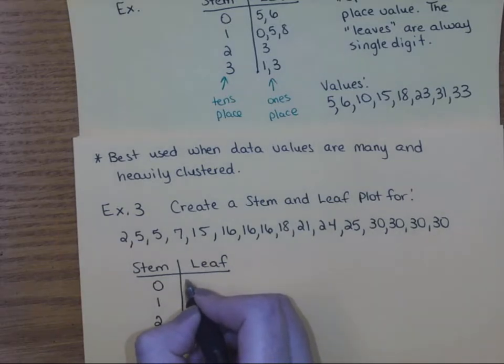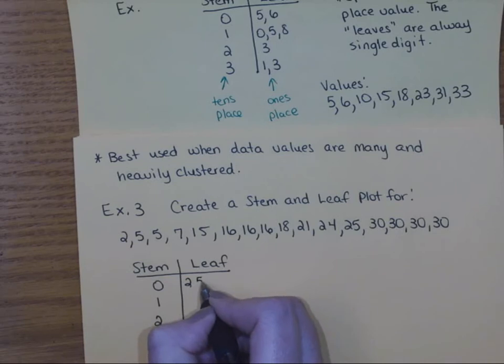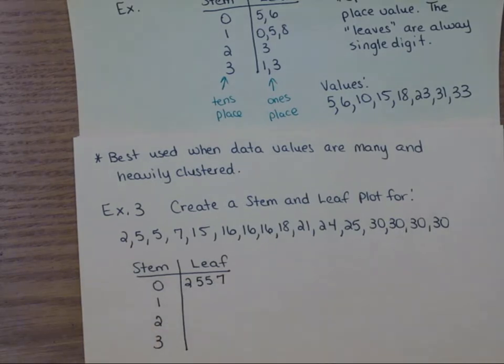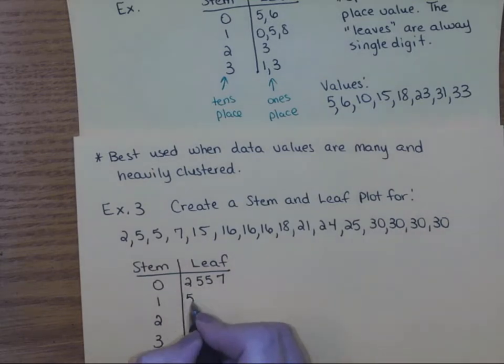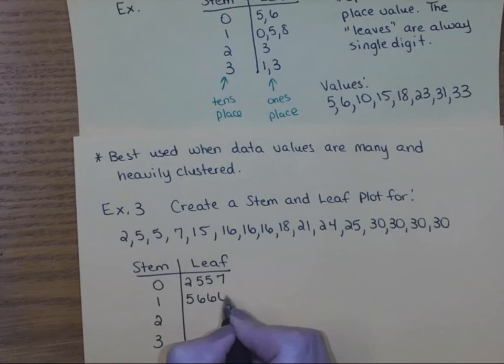If you list the things under 10, you'll have a 2, a 5, and a 7. When you get to the things that start with a 1, you just write the last digit here, so 5, 6, 6, 6.